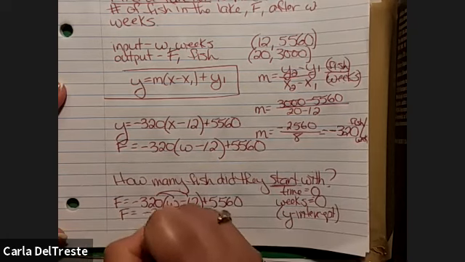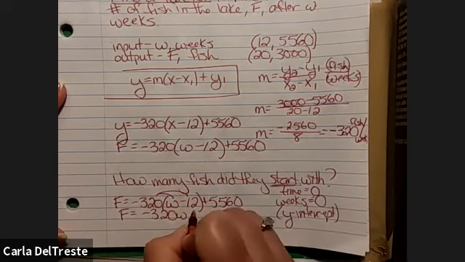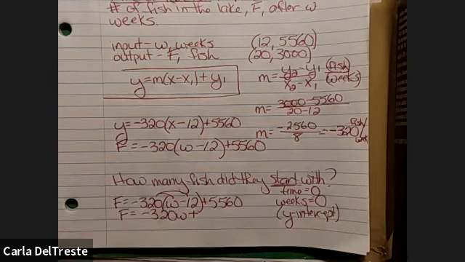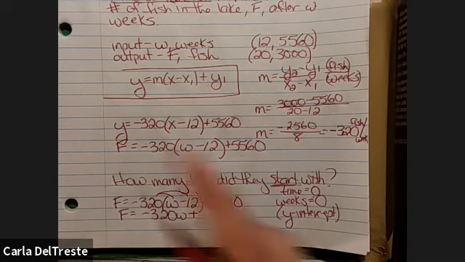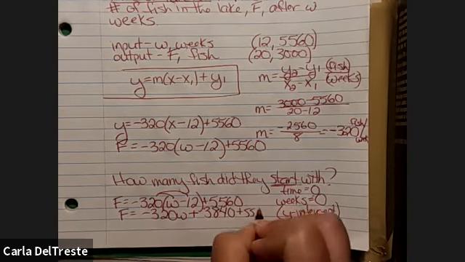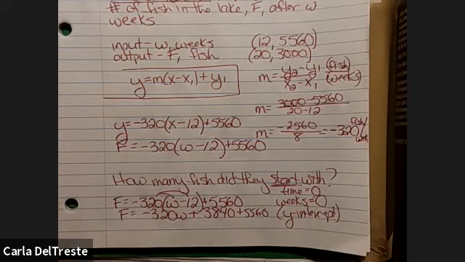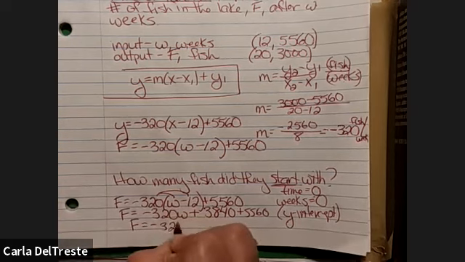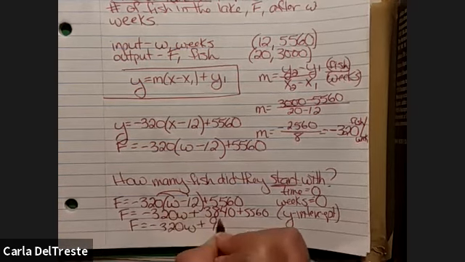So f equals negative 320w plus, you could take out your calculator for this part. So 320 times 12, 3,840 plus 5560. Then add those together, and I get f equals negative 320w plus 9,400.